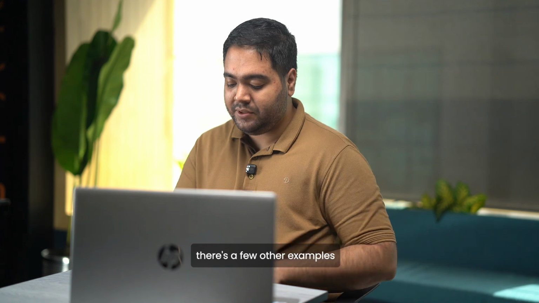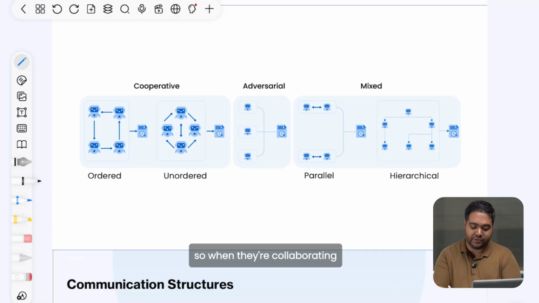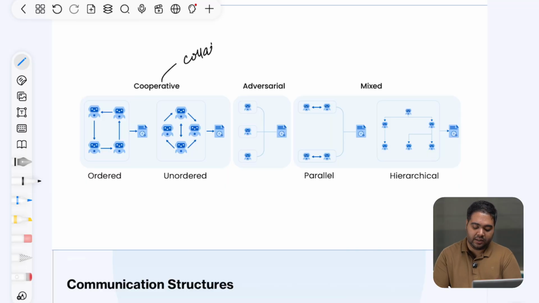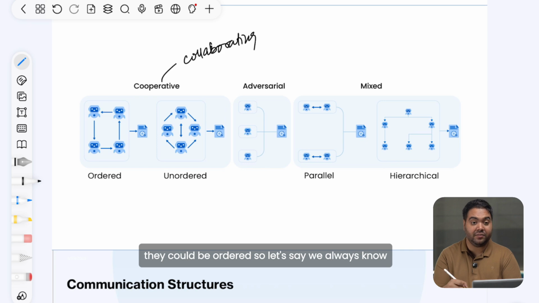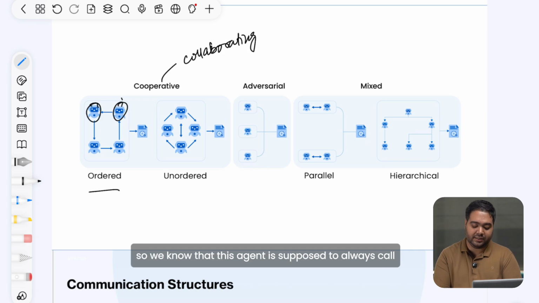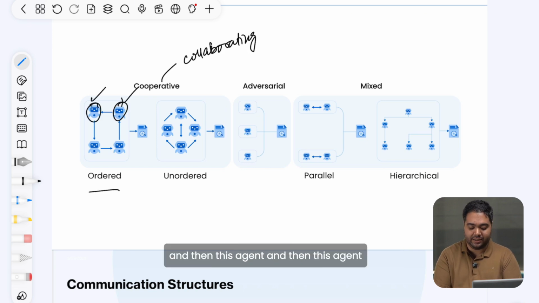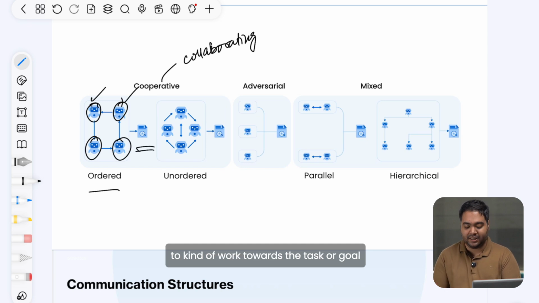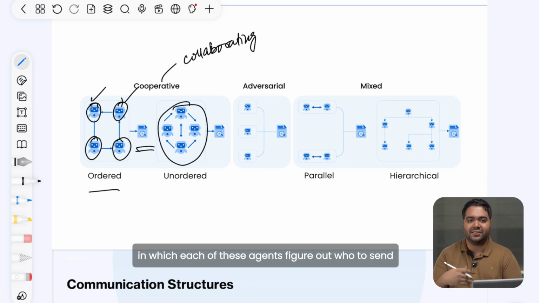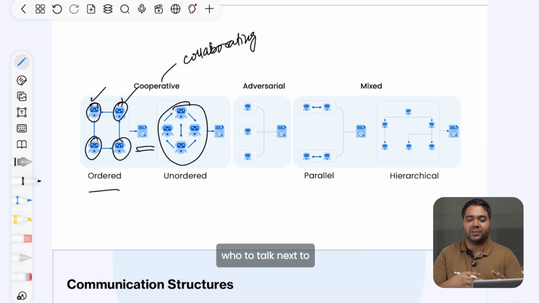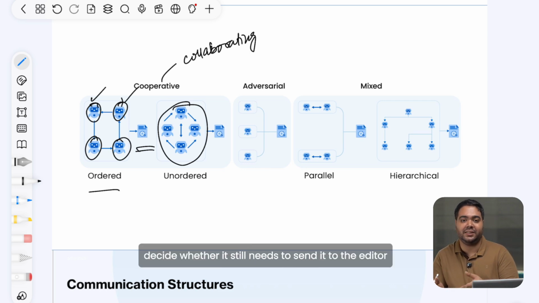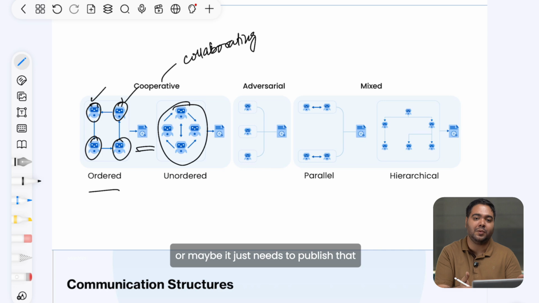There's a few other examples even in the cooperative one. When they're collaborating, they could be ordered. So let's say we know that this agent is supposed to always call this agent, and then this agent, and then this agent, to work towards the task or goal. We could also have an unordered system in which each of these agents figures out who to talk to next. Let's say the reviewer agent, once it's done reviewing, can decide whether it still needs to send it to the editor or maybe it just needs to publish that.